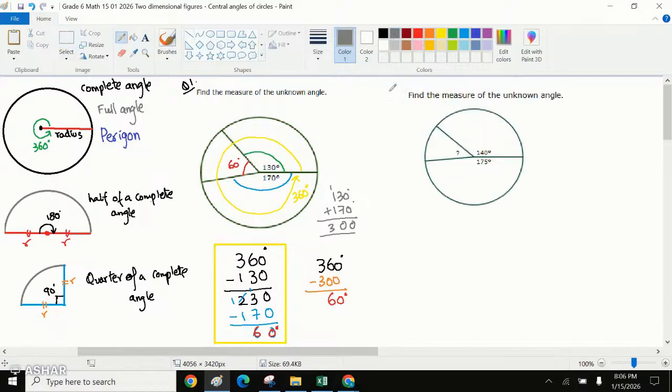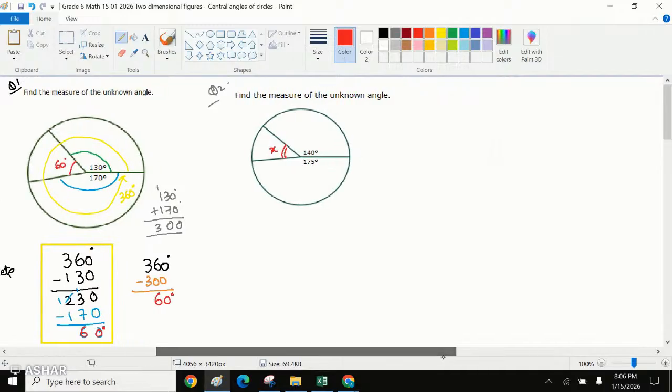Let's say this is question number 2. The unknown angle that we need to find, I label as a variable. I say this is angle X. We need to find the value of X because that is the missing angle.